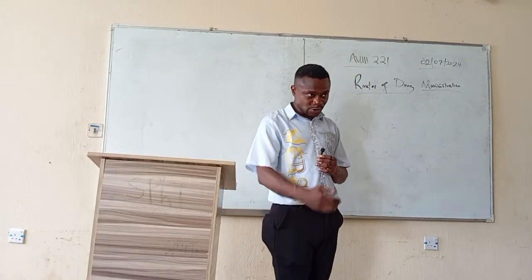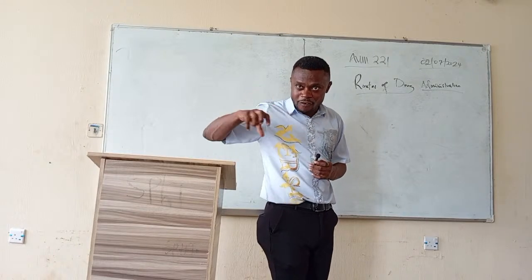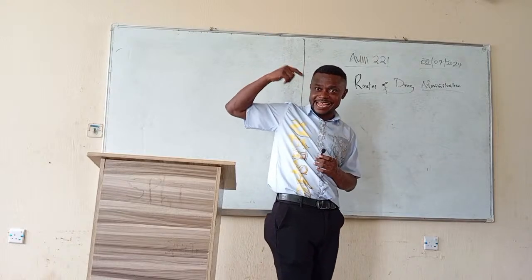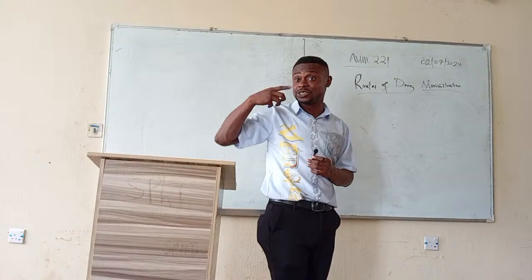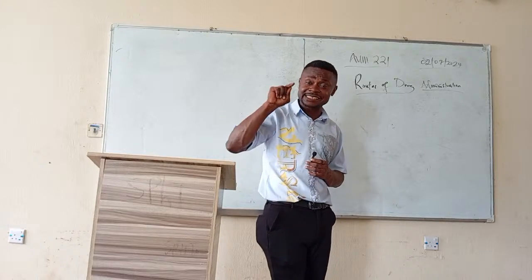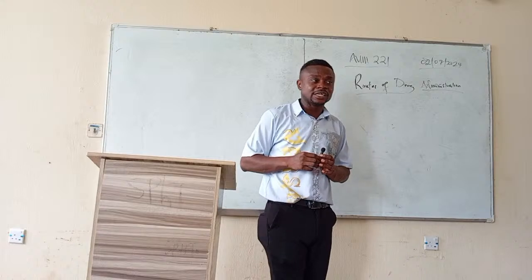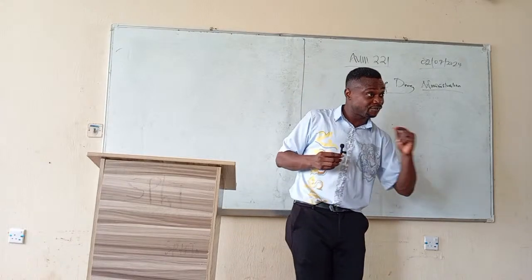You also think about the choice of route of administration. You consider the right route you use to achieve the therapeutic purpose, and that choice will also play a role in the type of dosage form you will formulate for that drug.